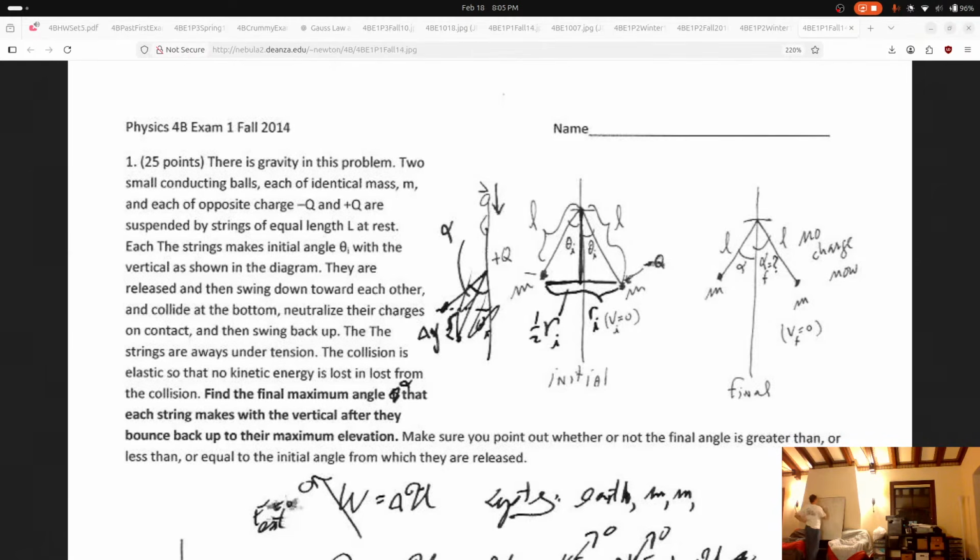Okay, but then the final is unknown. How do we know that? The final is, but the charges, UEF is equal to 0 because charges eliminate. All right, so that's good.